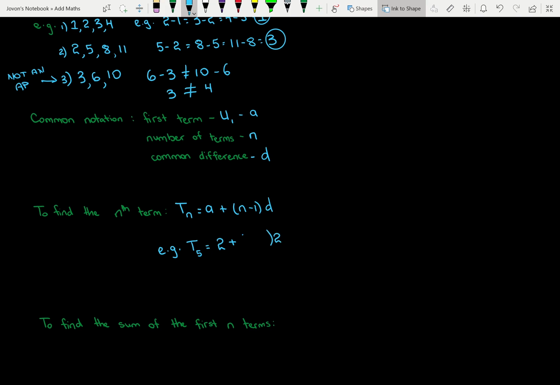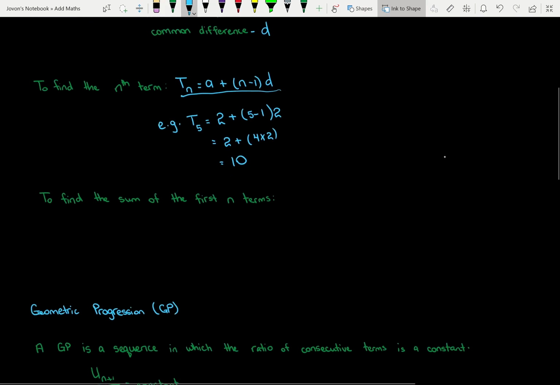So it would be 5 minus 1. This would be equal to 2 plus 4 times 2, which is equal to 10. So again, if you want to find the nth term, we just use this formula here: T of n is equal to a plus n minus 1 times d.